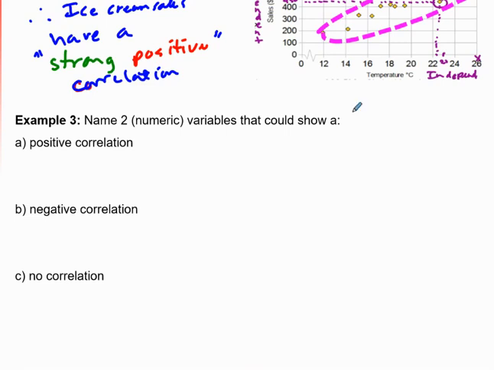Let's try and do it so that we have our independent variable first, versus our dependent variable. So think about this. A positive relationship.